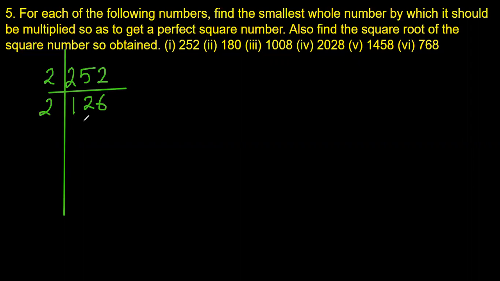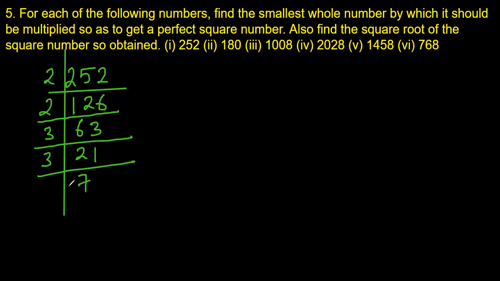Again divisible by 2, so 2 sixes are 12. Now it's not divisible by 2, however it is divisible by 3. So 3 twos are 6, 3 ones are 3. Again divisible by 3, 3 sevens are 21. Now 7, and we get finally 1.